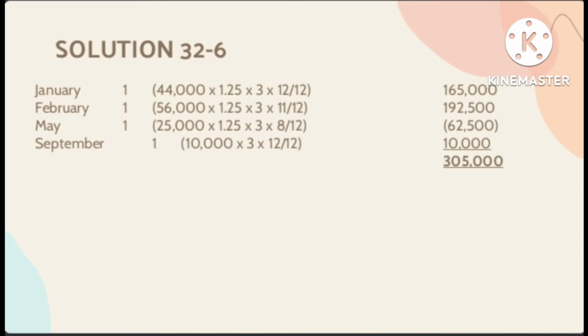January 1, 44,000 times 1.25 times 3 times 12 over 12. Why did this become 12 over 12?